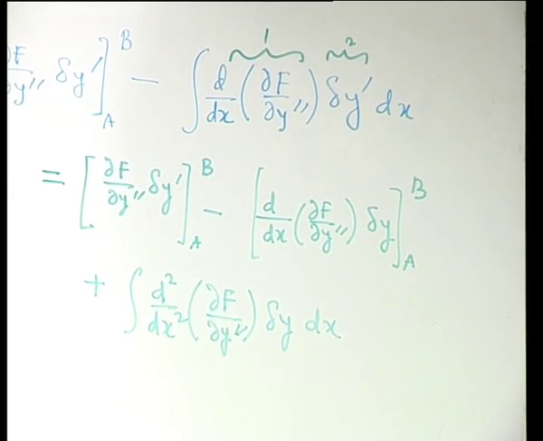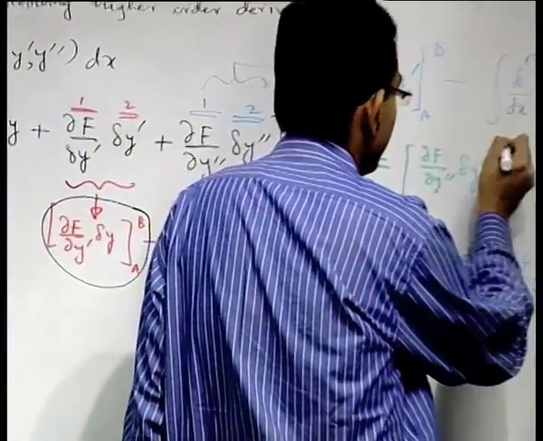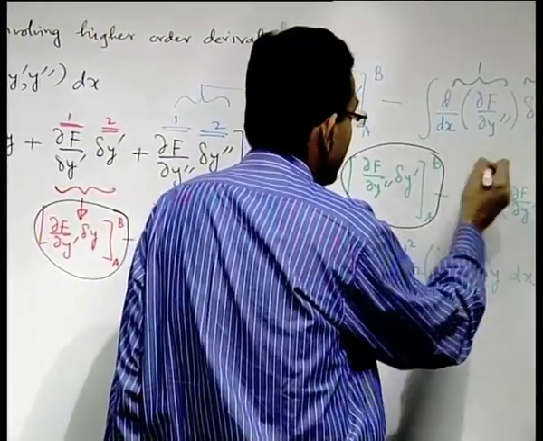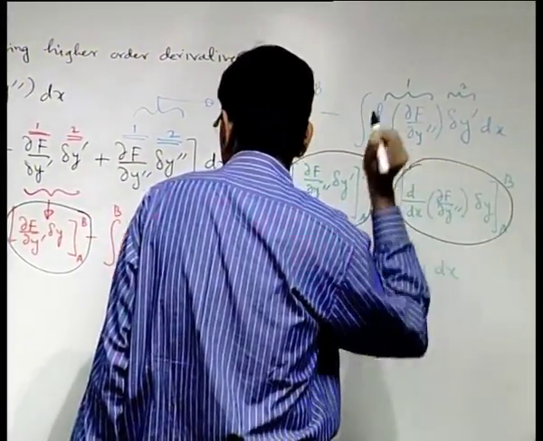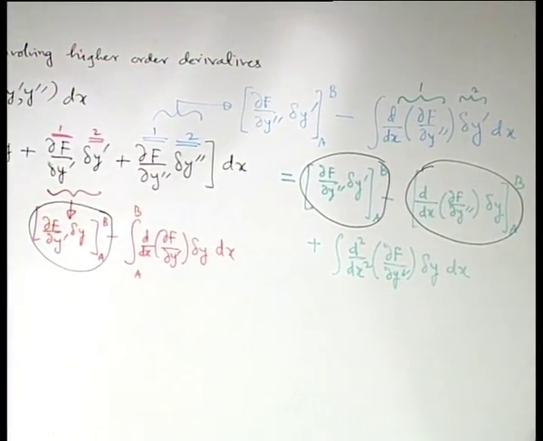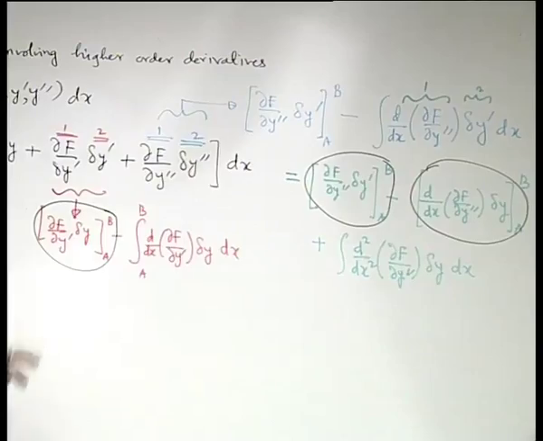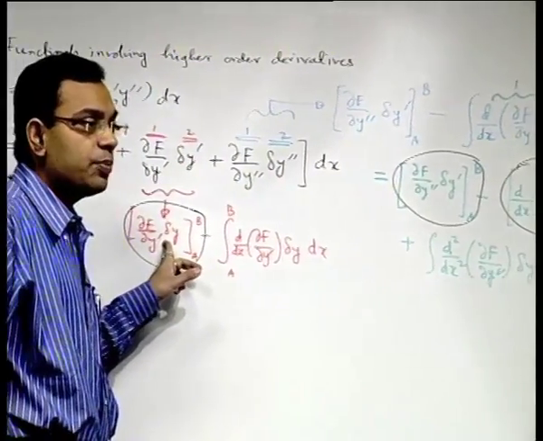So, we have simplified this one and we will now pay attention to some important terms. The important terms are first the boundary terms. You see this is one boundary term and these are the other boundary terms. These boundary terms are identically 0 when delta y and delta y prime are 0.